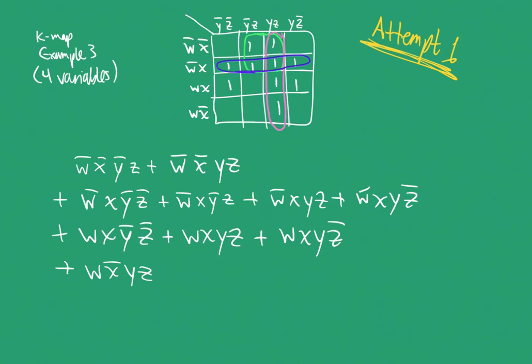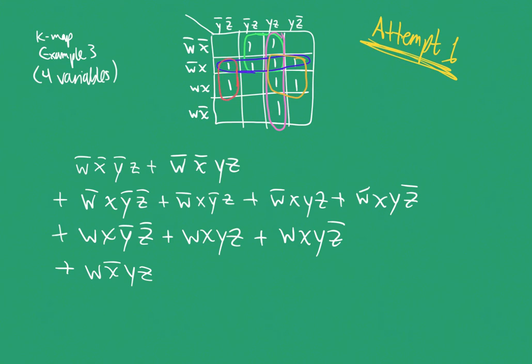All right, so now I want to cover the rest of the ones, so let's say I do this 2 by 2, and then since I have this 1 left on the left side that's not covered, I'll just do this 2 by 1.